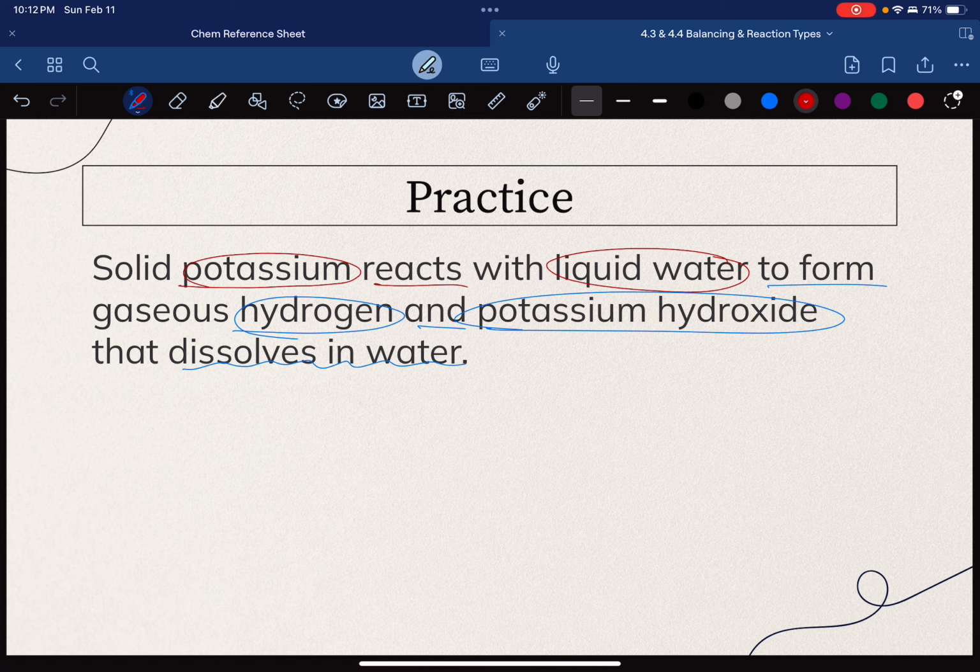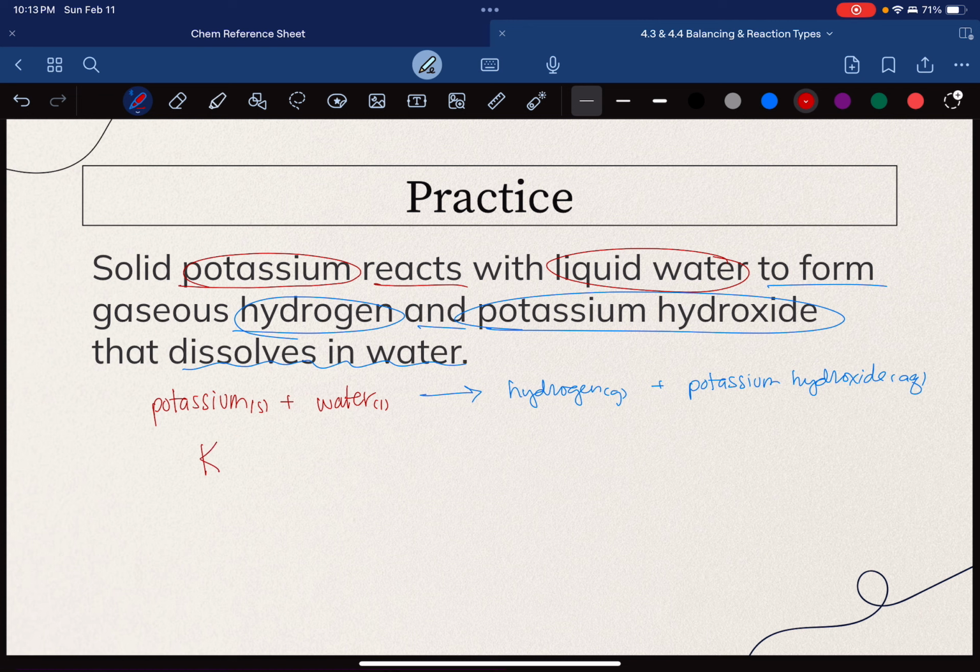So we have potassium, which is a solid, plus water, which is a liquid, forming hydrogen, which is gaseous, and potassium hydroxide, which is going to be aqueous.